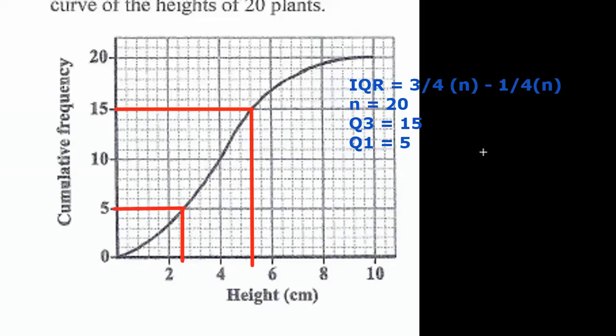The interquartile range is the distance between here and here. IQR. Questions here? The question I will ask is, what is the value of Q1? This is Q1 and this is Q3.